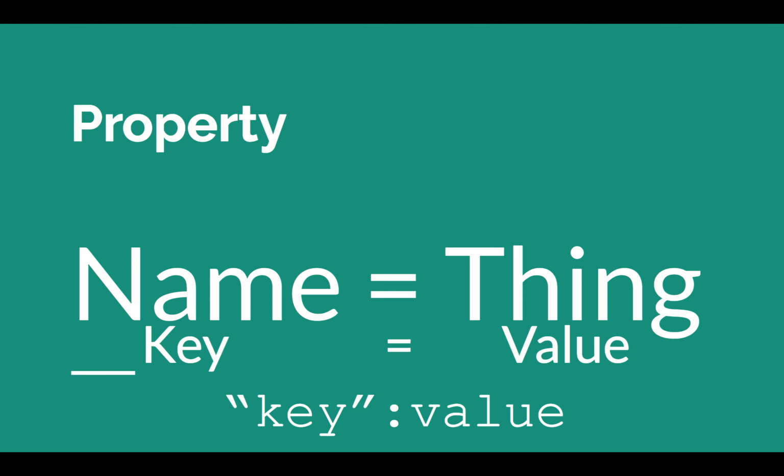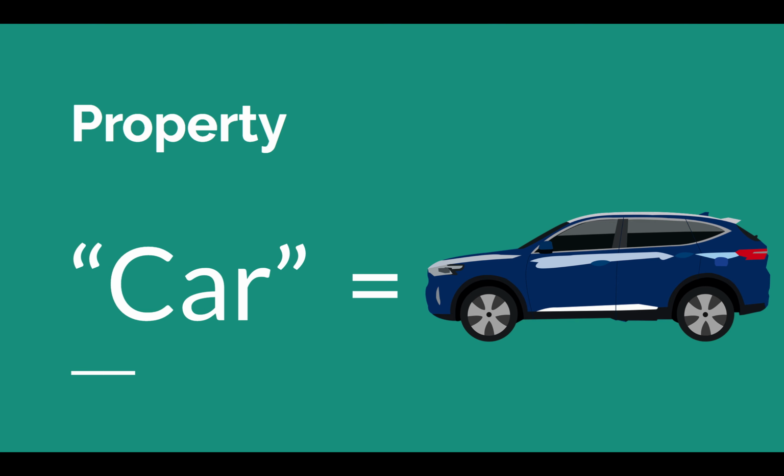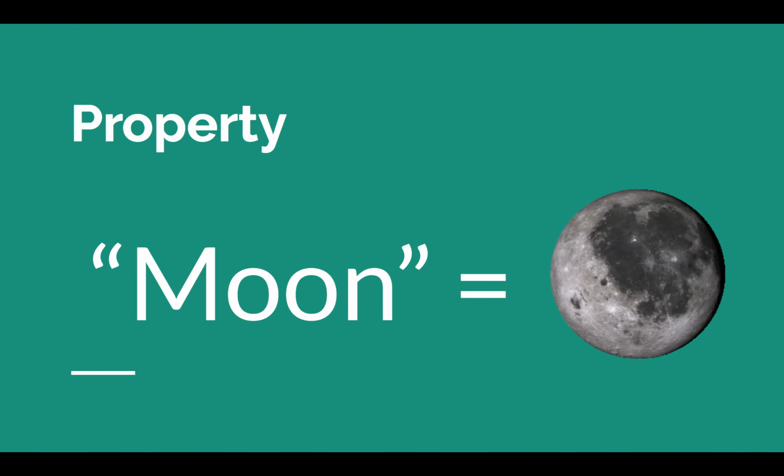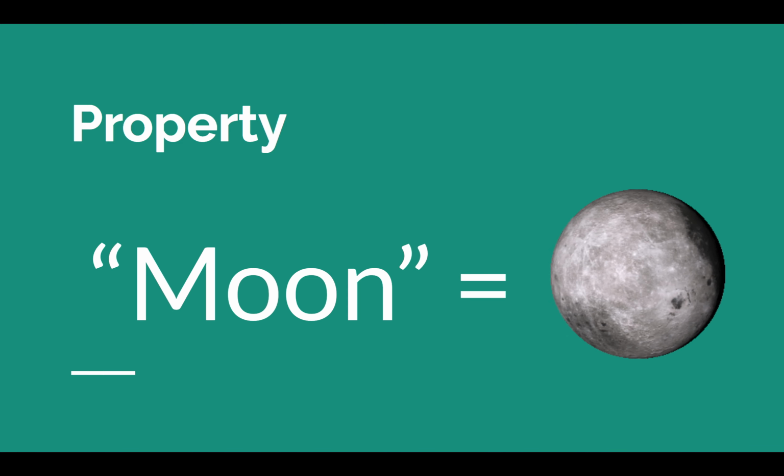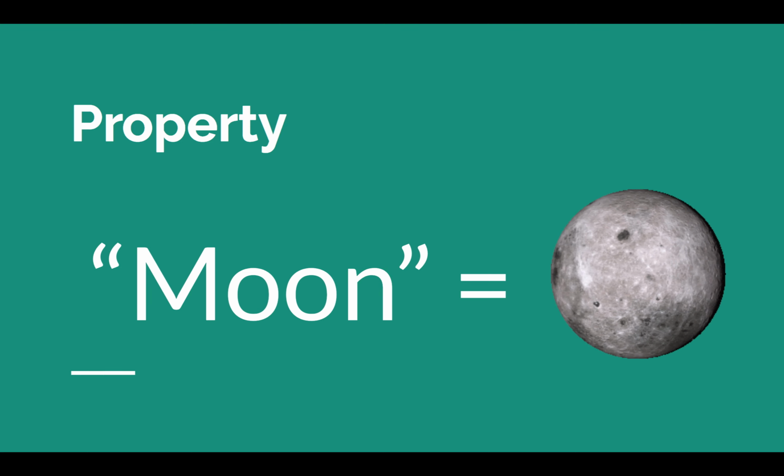So key is a string, so it's enclosed by quotation marks, and instead of an equals you have a colon, so key colon value. So a car can be the key and the car can be a value. The moon in quotation can be a key, and this moon picture can be a value.